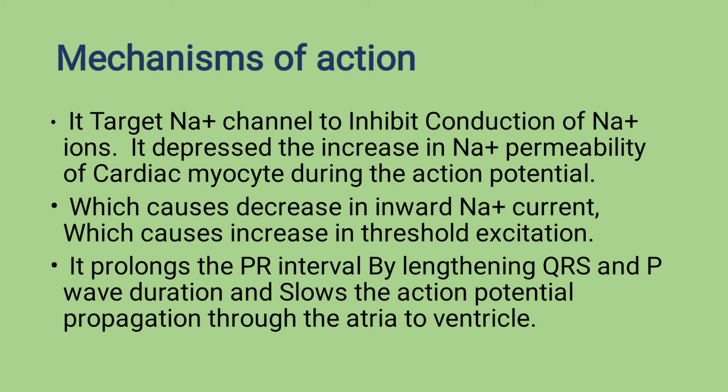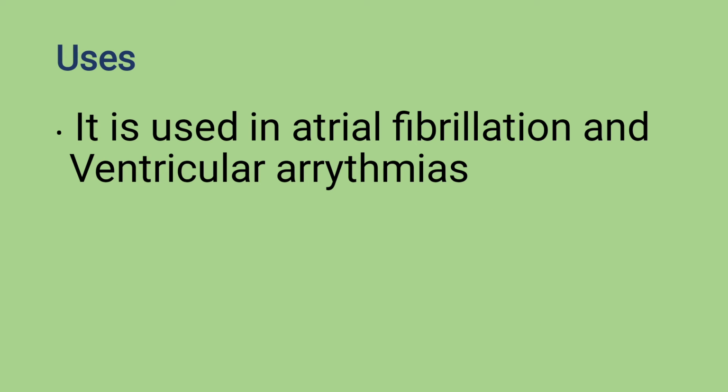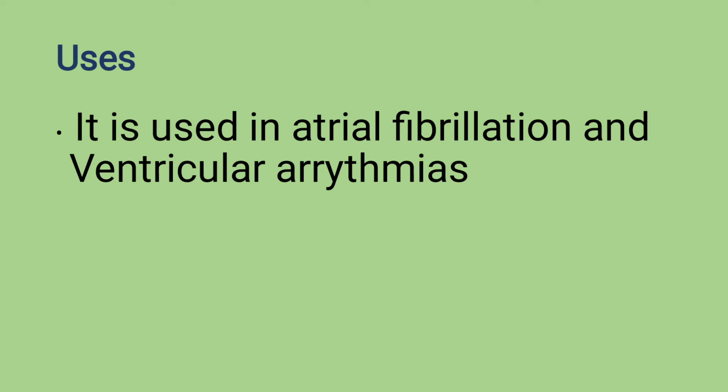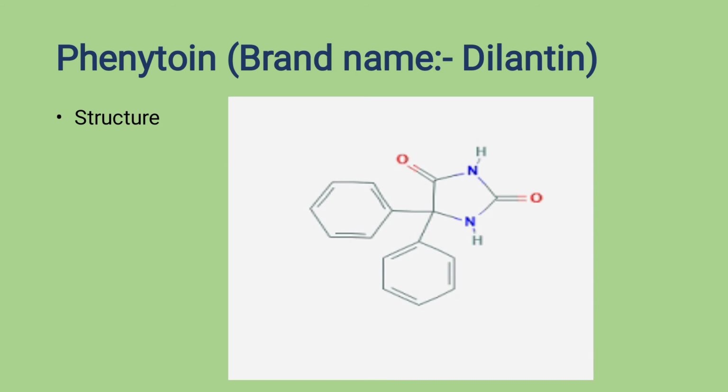It prolongs the PR interval by lengthening QRS and P wave duration and slows the action potential propagation through the atria to ventricles. Uses: it is used in atrial fibrillation and ventricular arrhythmias.